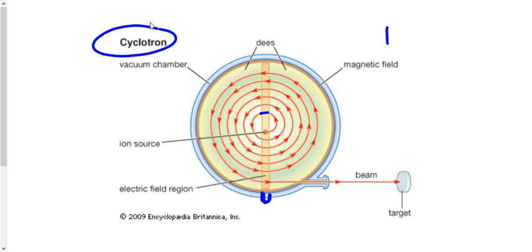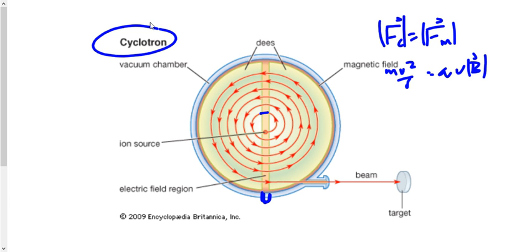If we take a look at the equation that describes it when it's in the magnetic field, R would be equal to mv over qB. As v gets bigger, then R is bigger. So every time it crosses that gap and speeds up, the radius is going to get bigger. So if we look at this, that's a circle. And then it goes at a constant speed, then it speeds up, and then it goes in a bigger circle.